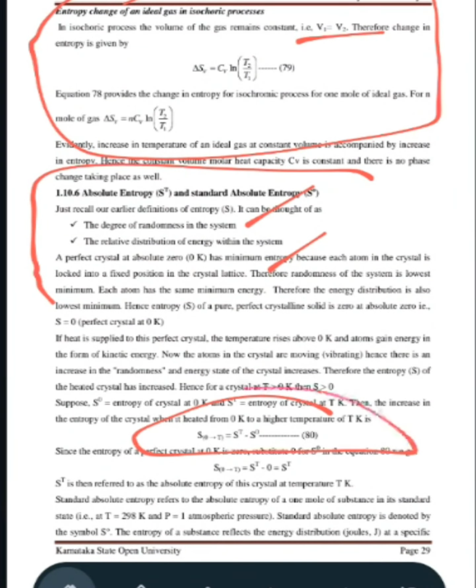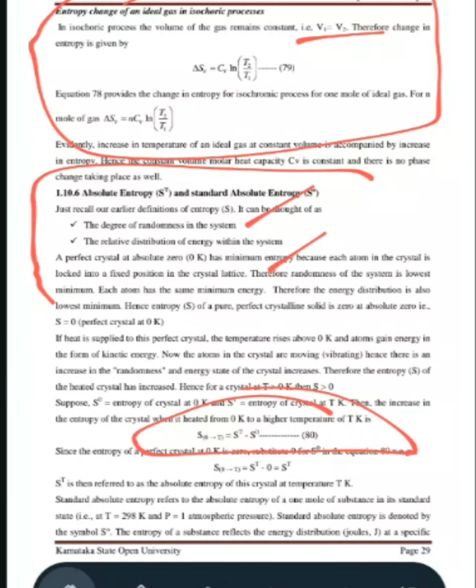Here entropy change from 0 to a certain temperature can be denoted as St minus S naught. S naught is the initial entropy, and St is the entropy of the final product form. So whatever the temperature increased with respect to entropy when the product is formed, that can be denoted as St. That is the absolute entropy. S is an entropy and St is the absolute entropy.